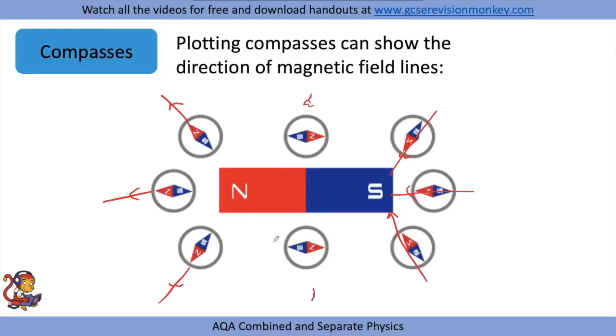This one, again, is always going from north to south, so you can see here, going from the north pole of the bar magnet towards the south, so the north part is being repelled away from this north and attracted towards the south. And again at the top here, this plotting compass, the small bar magnet inside the compass, is being repelled by the north pole of the permanent bar magnet and being attracted towards the south. So you'll see the field lines will then look very similar to our normal bar magnet, with the field lines away from the north and into the south pole.